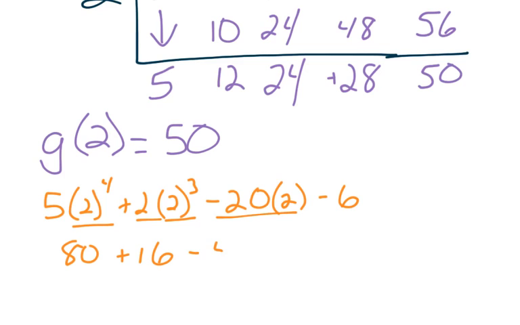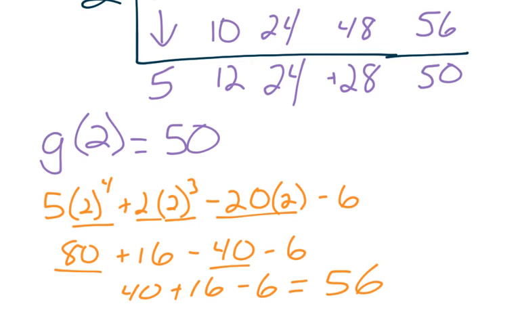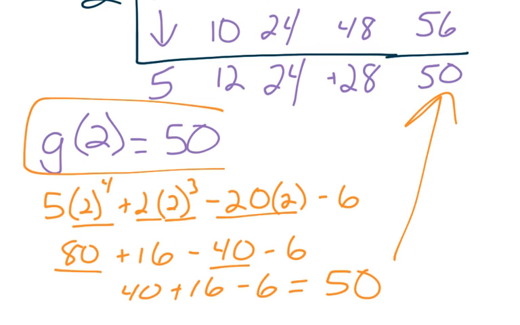Negative 20 times 2 is negative 40. And then minus 6. If you do 80 minus 40, that's 40. Plus 16 minus 6, we get 50. Okay? So, same number, different way to do it.